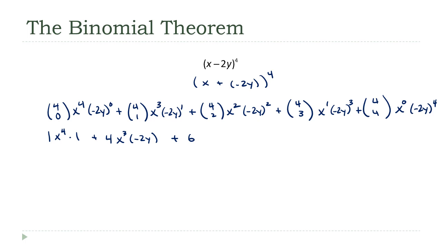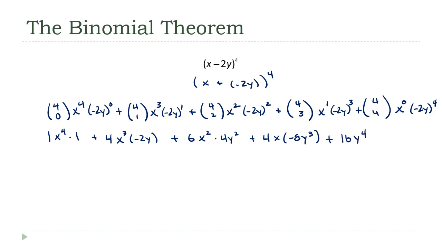We had to get this row to go on to the fifth one, which is why I knew that was going to be a 6 there. X squared times 4y squared, plus 4x negative 8y cubed. So you see, the negatives are going to come back into this. Plus negative 2y to the fourth, which is 16y to the fourth.